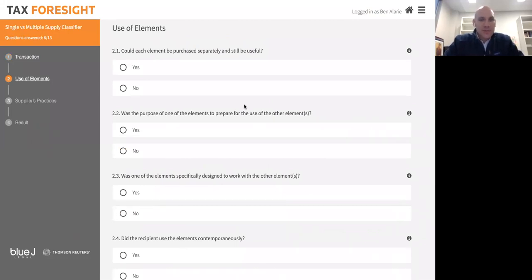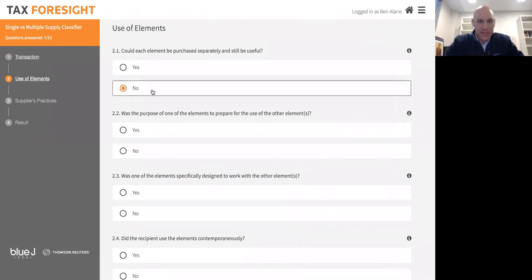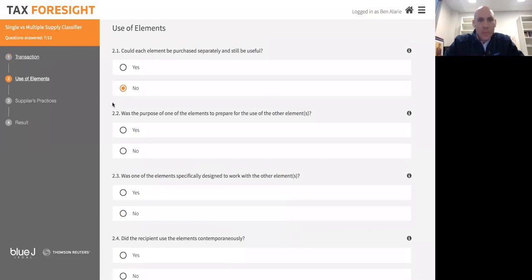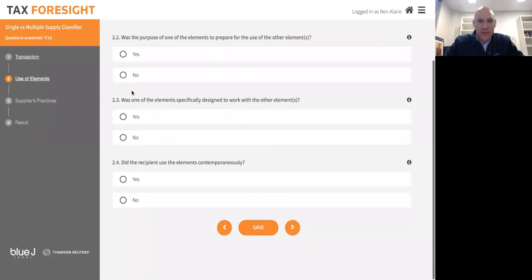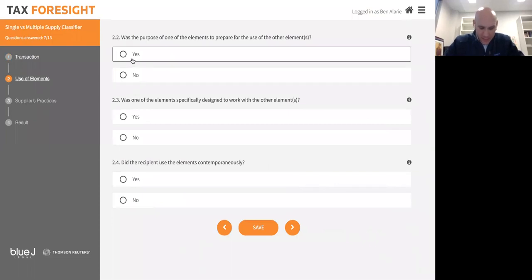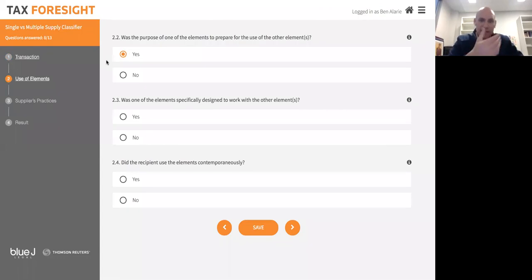Could each element be purchased separately and still be useful? Here the answer is no. You need the appliance and you need a treatment plan. Was the purpose of one of the elements to prepare for the use of the other elements? Yes, I think so. You need the orthodontic appliance in order to have the treatment plan make sense.